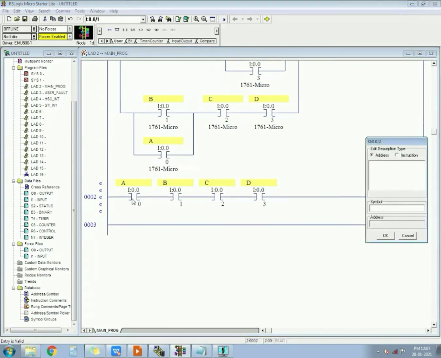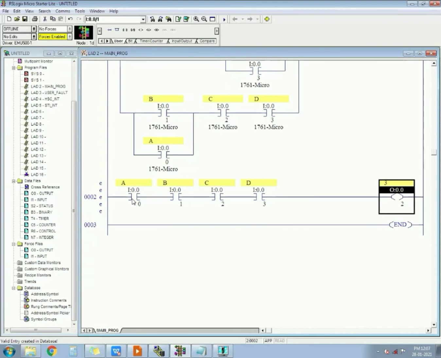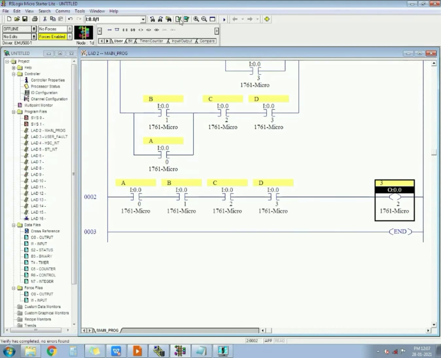I will name it third output. So these are the combinations. Let's compile it. Just wait, I will download this program.